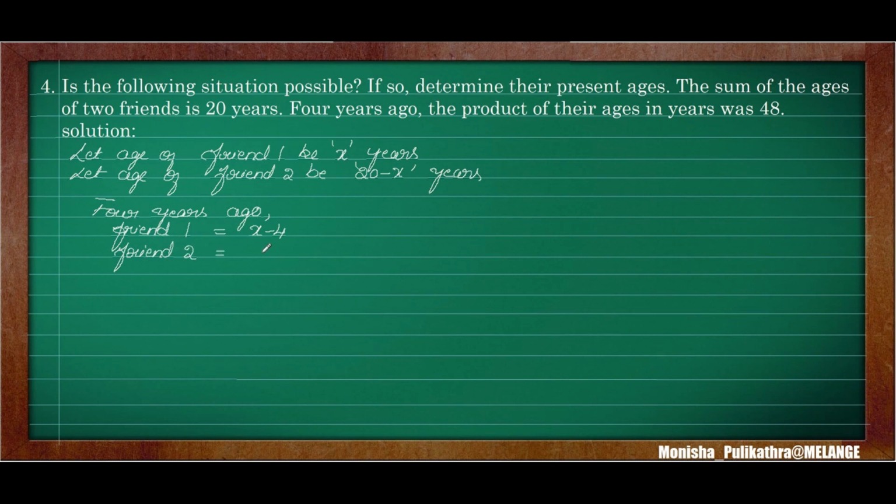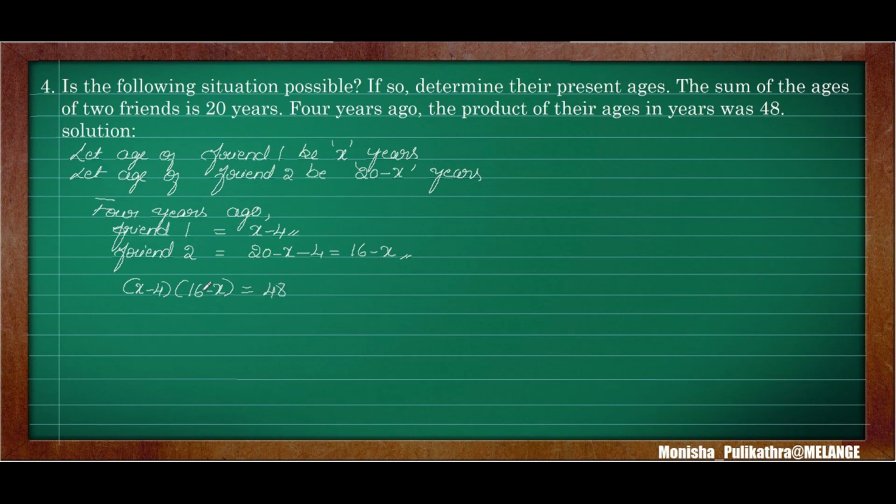And friend 2 is equal to 20 minus x minus 4, so it becomes 16 minus x. So the first friend is x minus 4, the second is 16 minus x. Next, the product of the ages 4 years ago was 48, that is x minus 4 into 16 minus x is equal to 48.